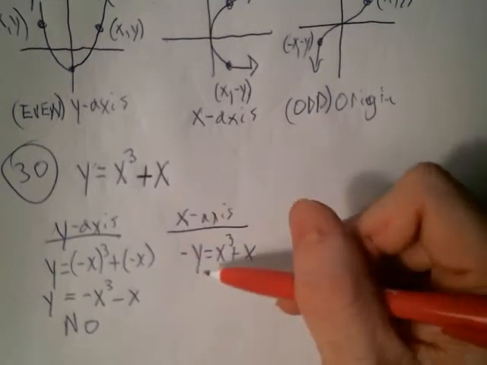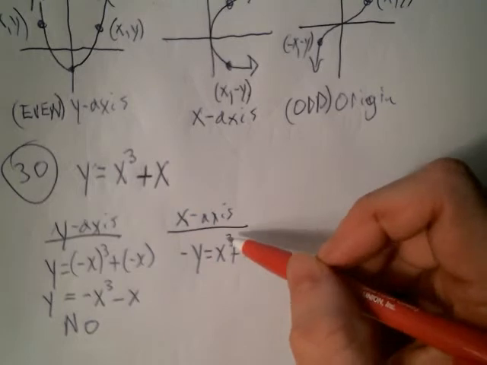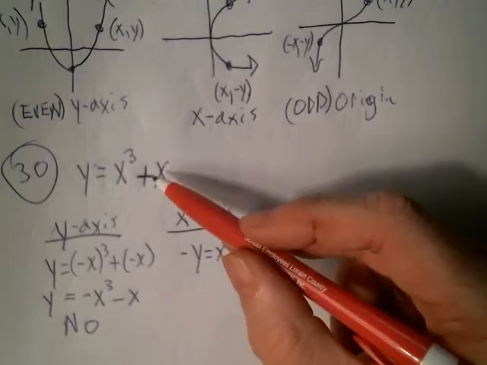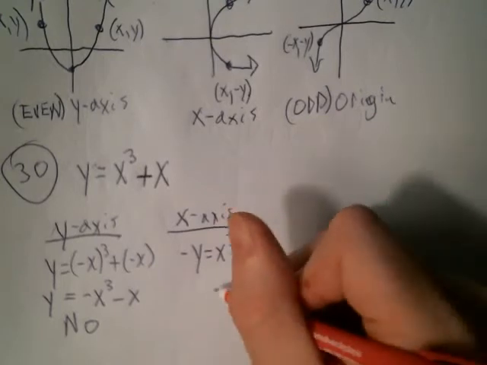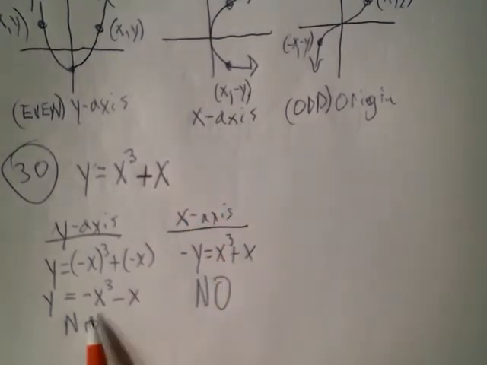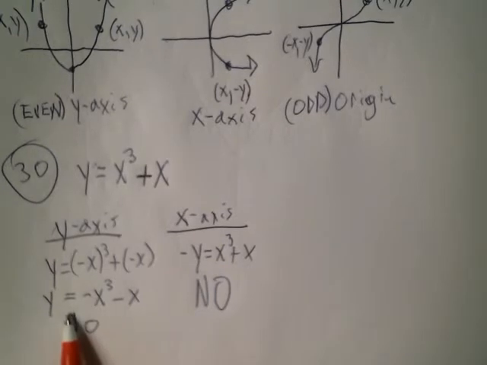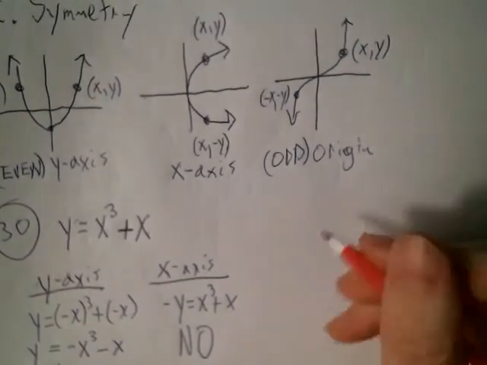Are they the same? No. I mean, they're the same at certain points, certainly. (0, 0) would be a point where they're equal, but it needs to be the same for every point considered, and that's not going to be the case here. Obviously, if you multiply both sides by -1, you're going to get this equation here, and we already said this is not the same as this, so therefore this won't be the same as that.